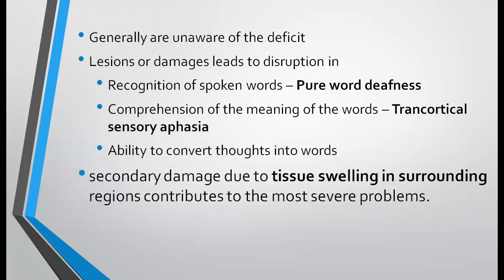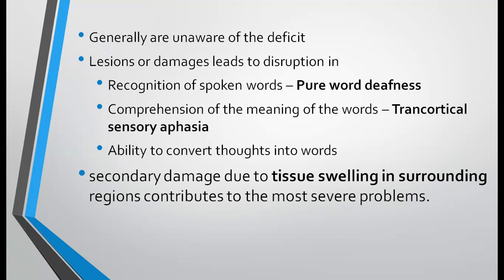There are other characteristics: patients are generally unaware of the deficit, and the lesion or damage leads to disruption in recognizing spoken words, comprehending the meaning of words, and the ability to convert thoughts into words. Those can be named as pure word deafness and transcortical sensory aphasia.